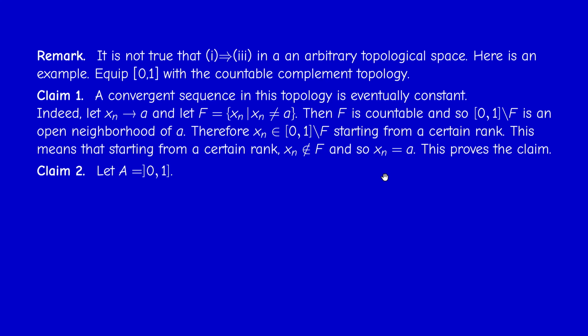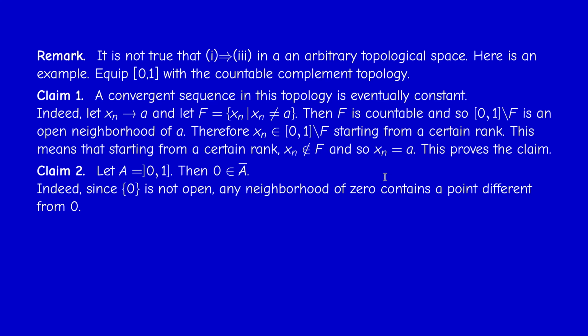Okay. Second claim. Consider A to be the semi-open interval (0, 1], open at 0. Then we claim that 0 is in the closure of A. Okay, how do we know that? We use the previous proposition. To prove that 0 belongs to A bar, we must prove that any neighborhood of 0 meets A. Now, the singleton {0} is not open.